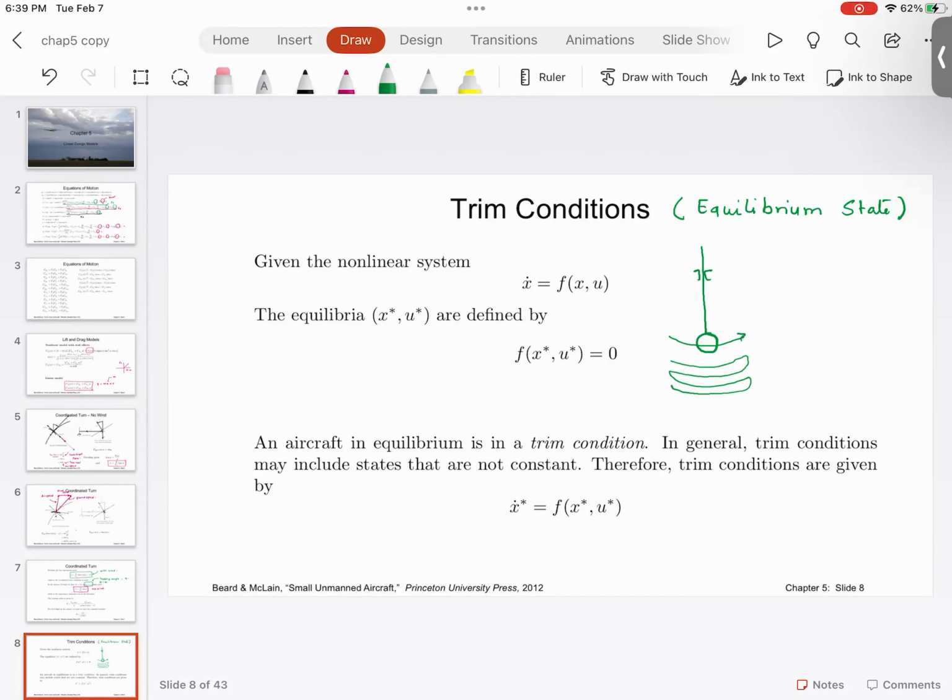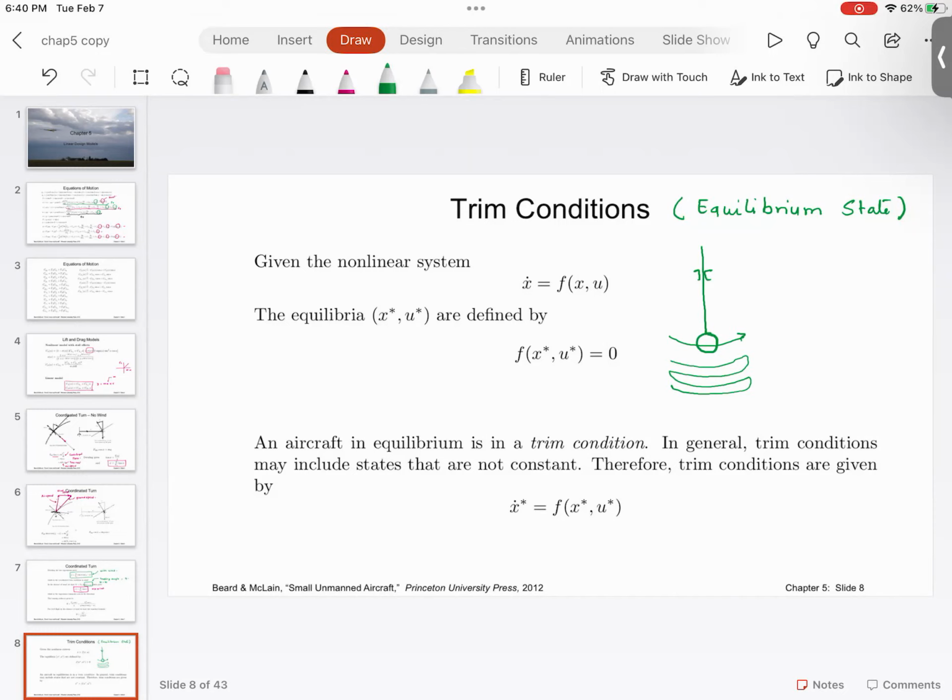Now I want you to imagine the same bob, but I start rotating it like this. At a certain speed, you have the centripetal force and you have tension in the string that will balance each other so that it continues to rotate in this dynamic equilibrium.